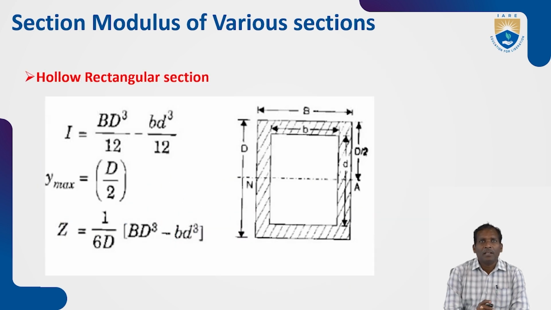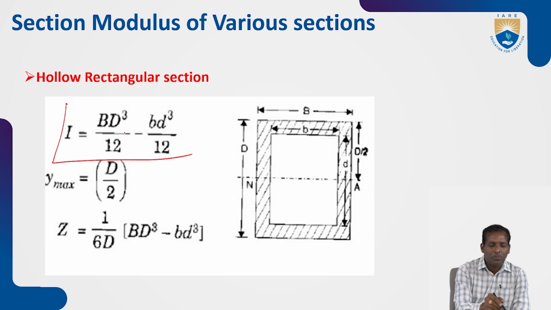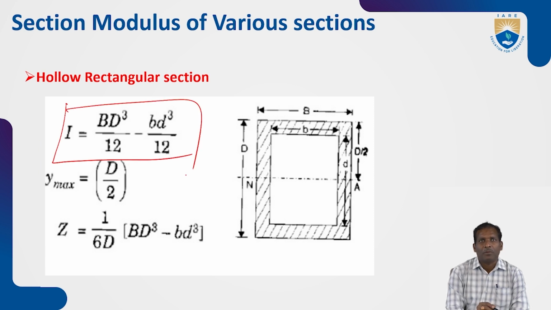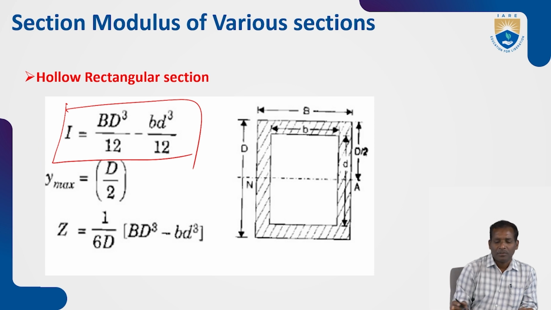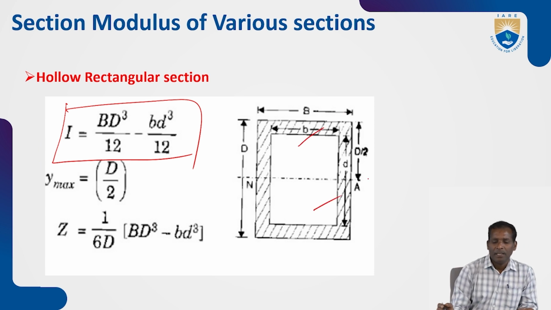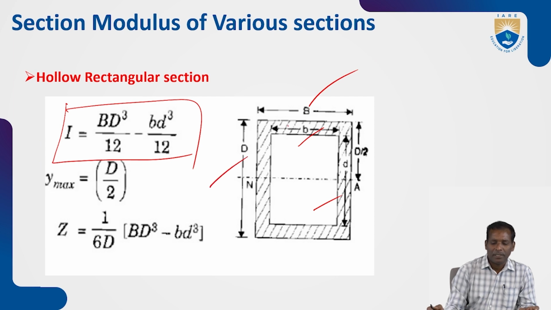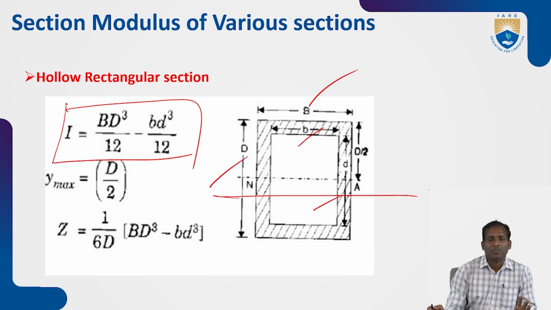For a hollow rectangular section, the I is equal to BD cubed by 12 minus small bd cubed by 12. So inside dimensions are small b and small d, breadth and depth, and the outside dimensions are capital B and capital D. So the neutral axis passes through the center.